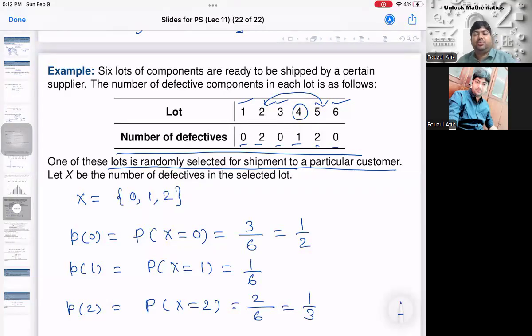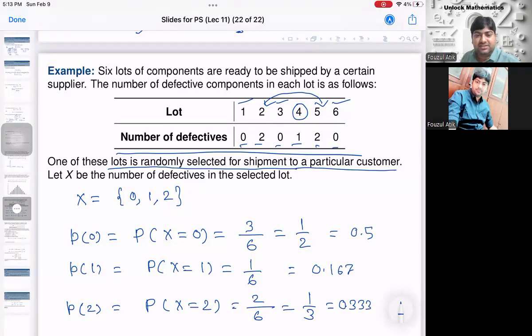Right? So in the probability mass function, we have already calculated where the random variable takes some values. This value is 0.5. This value is 0.167, if you round it up, and 1 by 3 is 0.3333 like that.